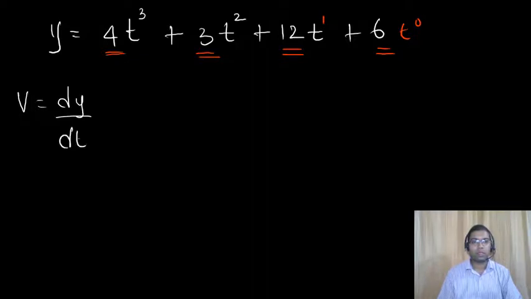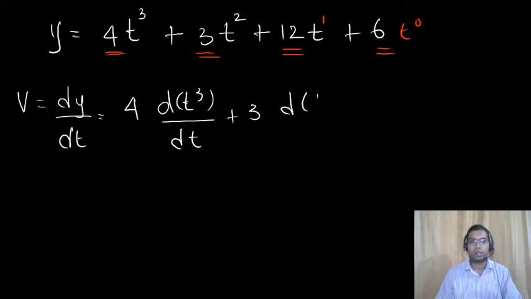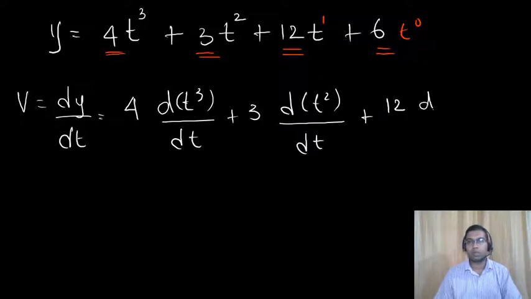Velocity is dy by dt. Now I will write it as 4 d(t cubed) by dt plus 3 d(t square) by dt plus 12 d(t to the power 1) by dt plus 6.